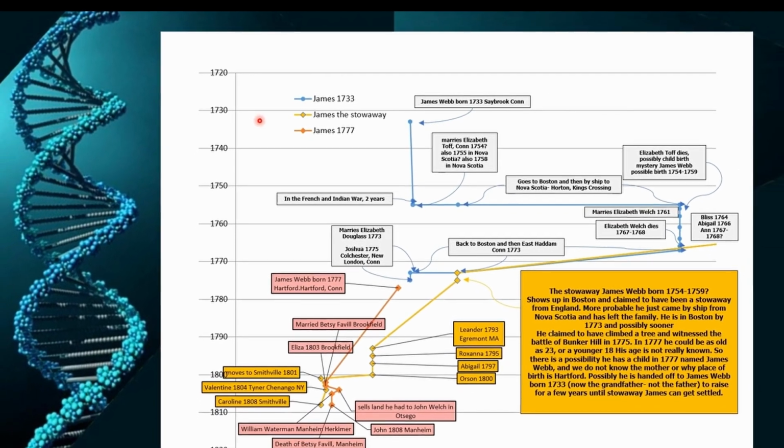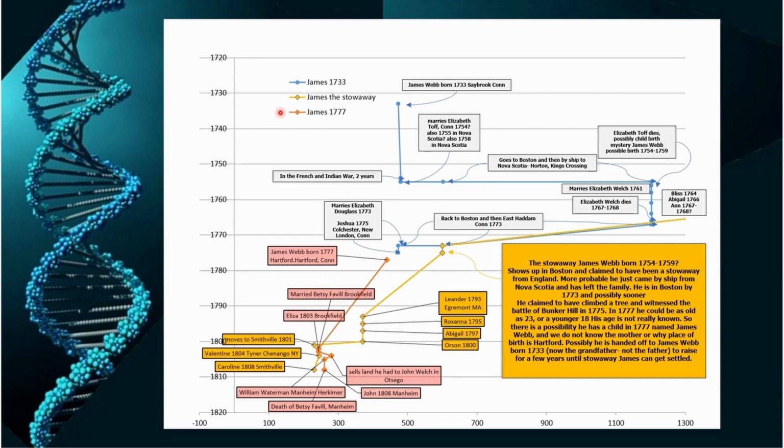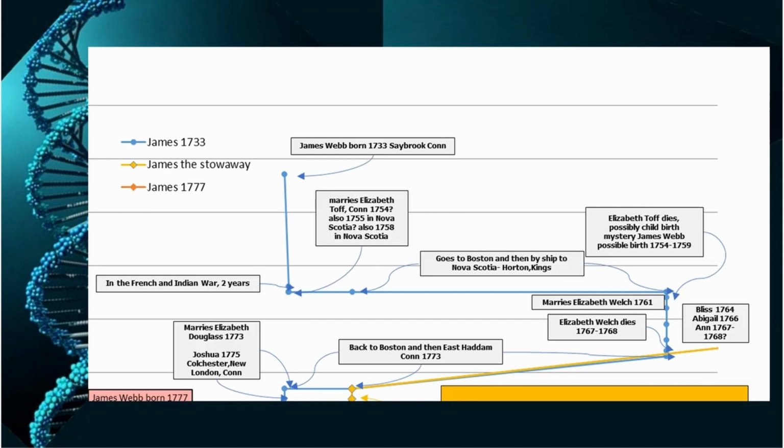So let's look. We're going to blow up the top of this to look at it better here. Let's follow James 1733. Born in Saybrook, in the French and Indian Wars for 2 years. Now, it's not there now, but a long, long time ago, there were snippets that you could see when you do a search. They didn't have enough data to actually be useful, except they would say there's a marriage record of Elizabeth Toff, Connecticut, 1754.